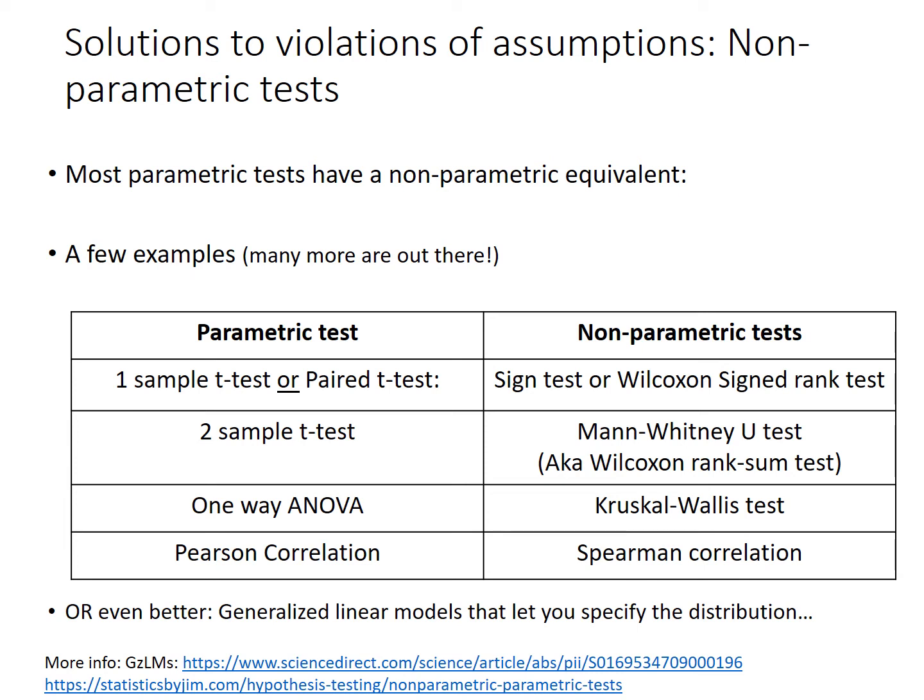Now, let's keep in mind that an even better option is what we call generalized linear models. Those are interesting because they're a type of statistical analysis that lets you actually specify the distribution your data is in. So maybe your data is count data and it doesn't really follow a normal distribution very well. It's instead Poisson distributed. Well, you could use a generalized linear model to analyze that.